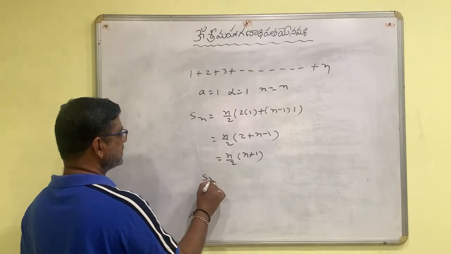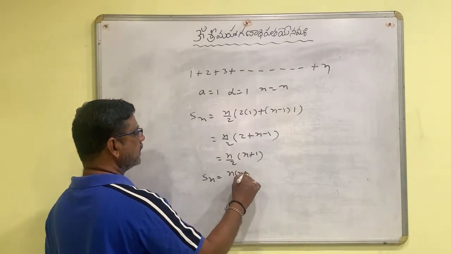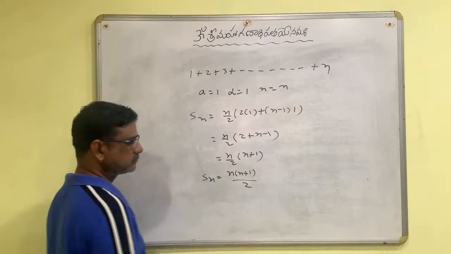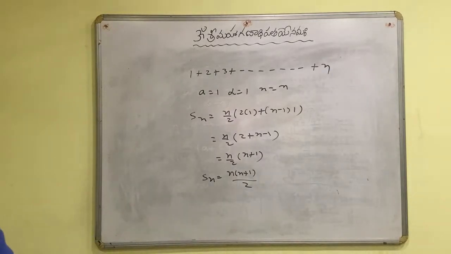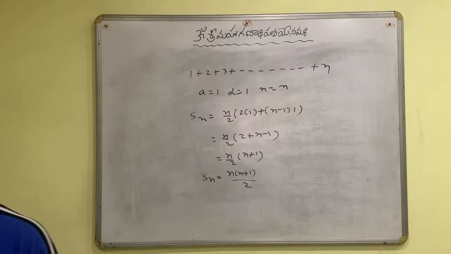So the answer is Sn equals n into n plus 1 by 2. Okay? n into n plus 1 by 2, that is n square plus n by 2. Correct?